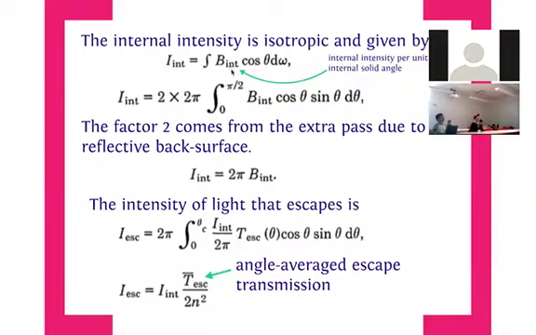B internal is the internal intensity per unit internal solid angle, as marked here. This is a way to figure out the intensity per unit direction of propagation, or solid angle, and the assumption is that it is uniform because the intensity is isotropic. In other words, in whatever direction you look, that intensity is the same. That's why we use that metric for this integral. And this is constant, so it comes out of the integral, as we will see later on.